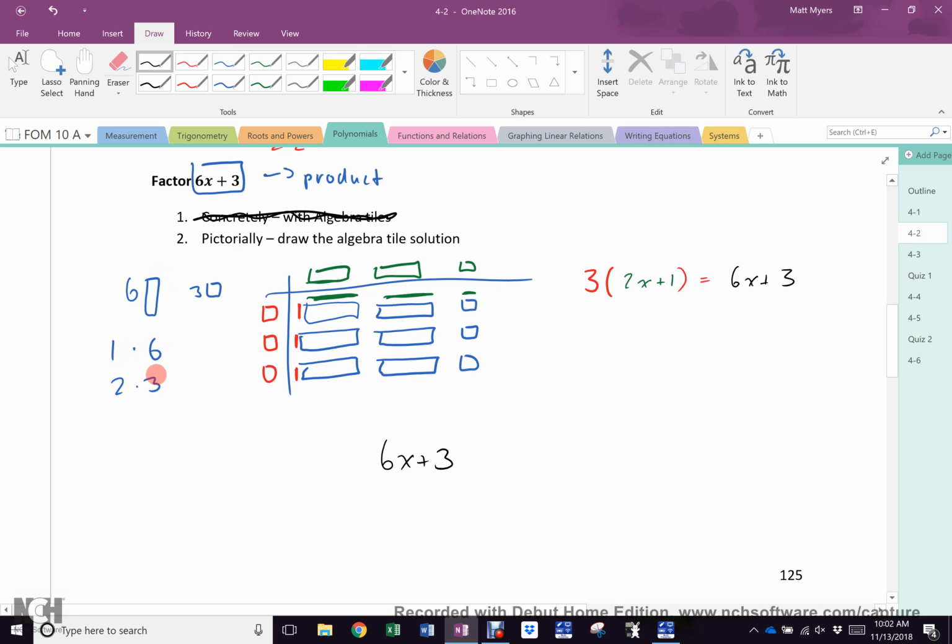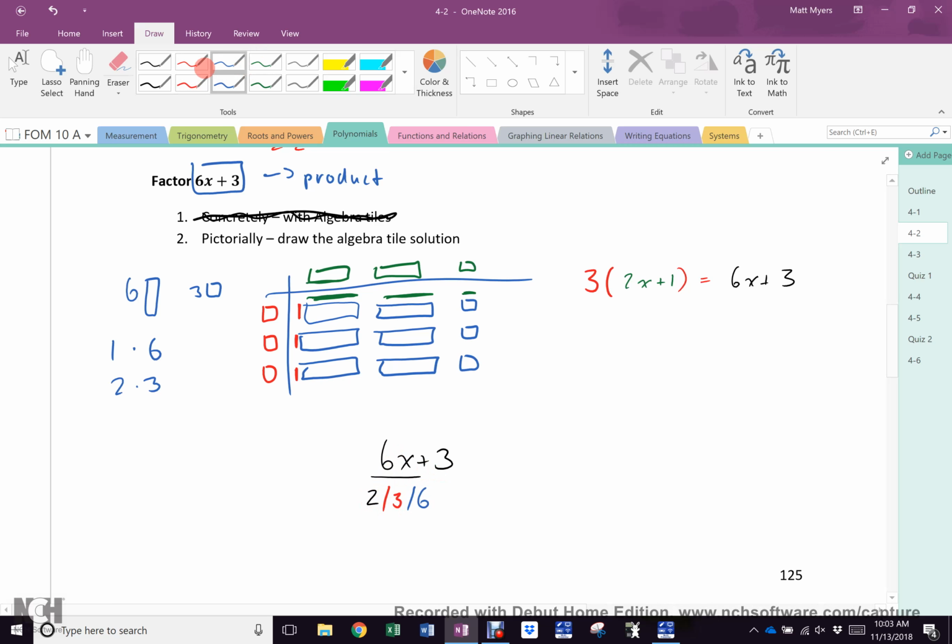How did I get to these factors? I divided it into different shapes, yes? So I was able to divide 6. I could have divided 6 by, would I ever use 1? No, because 1's everybody's factor, right? So I could have divided 6 by 2. I could have divided 6 by 3. And I could have divided 6 by 6, right?